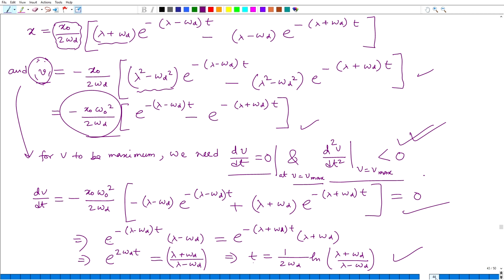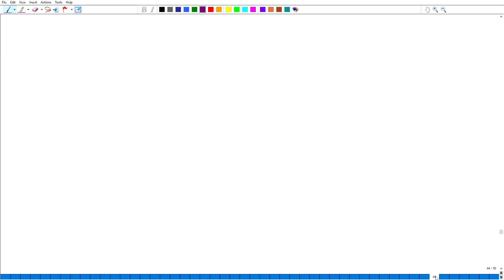So, if you now just believe that this is the value of t for which velocity is maximum, then what will be the maximum velocity that we have to find? So, that will be V at t equal to 1 over 2 omega d log lambda plus omega d by lambda minus omega d.